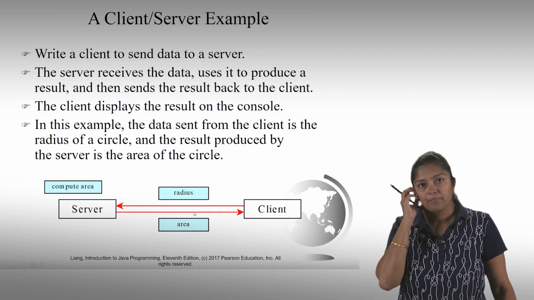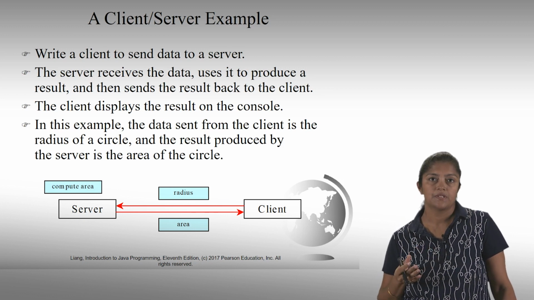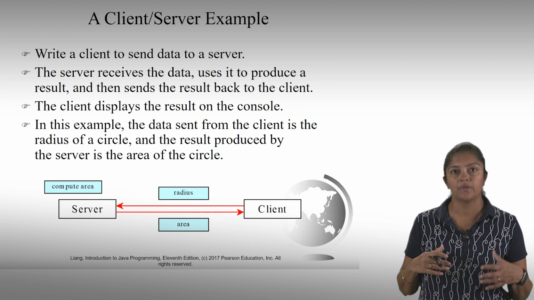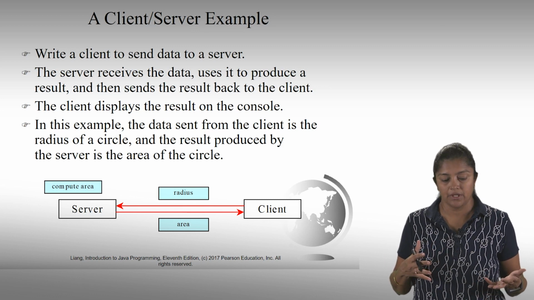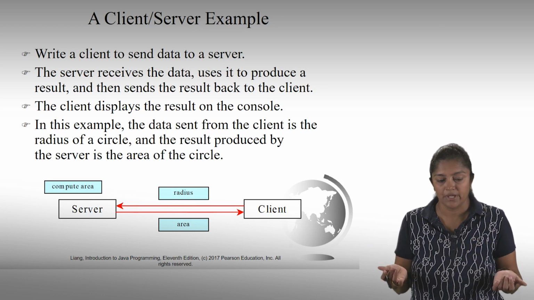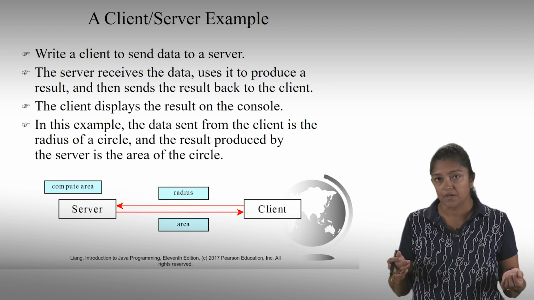So we'll look at an example, a client-server example, wherein the purpose of the server would be to receive data from the client and compute area. So basically the server has the ability to compute, say, the area of a circle.